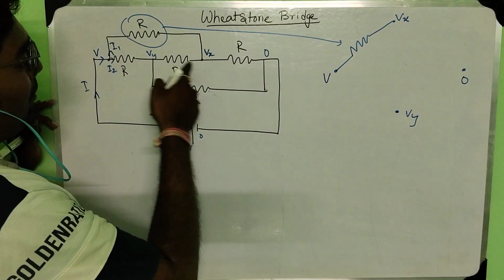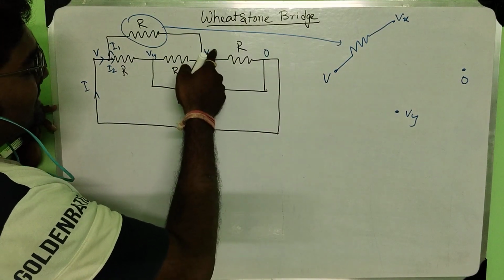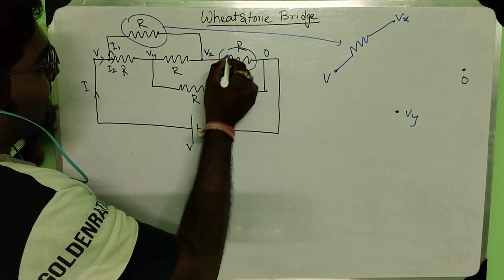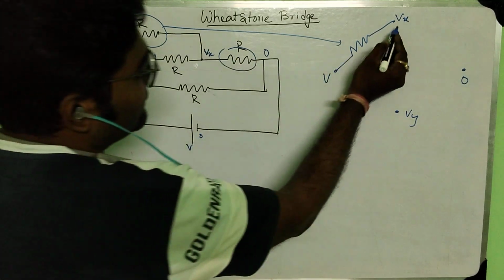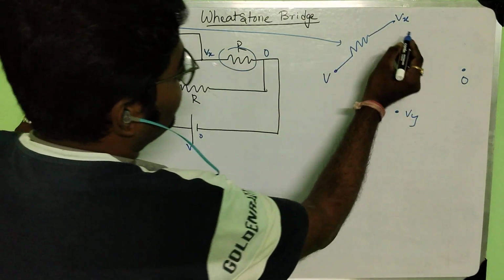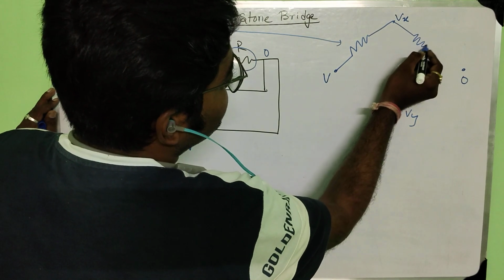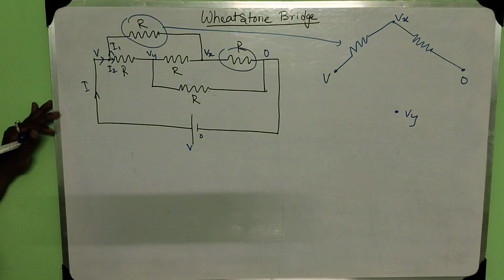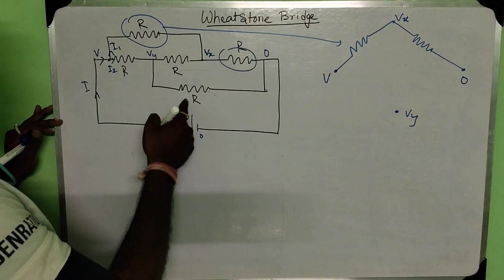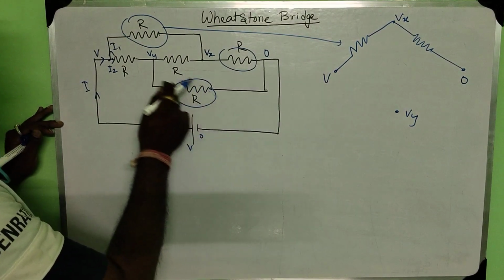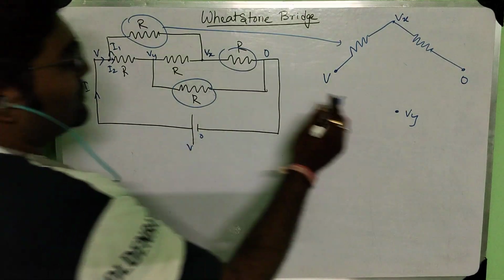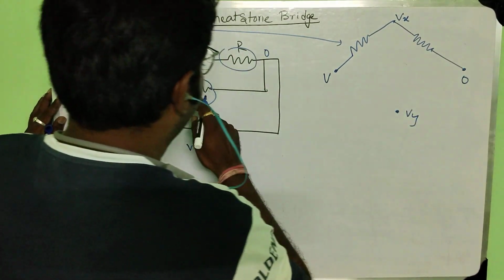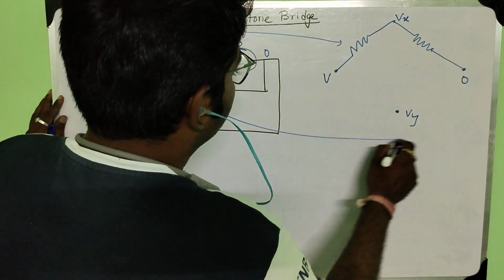Now this resistance is connected between Vx and 0. Draw it. Now this resistance is connected between Vy and 0, so we have to draw this resistance.